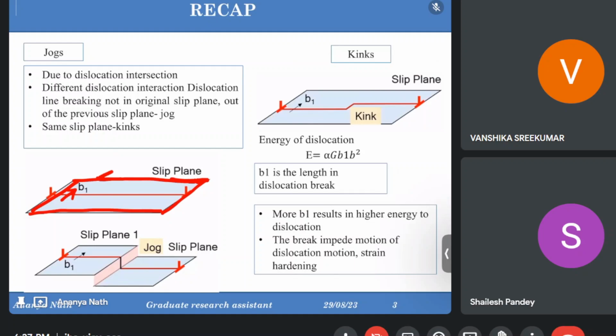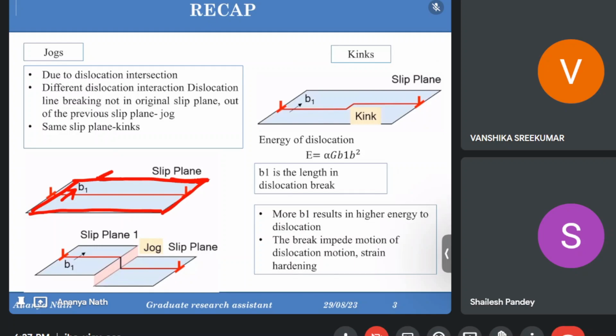Now what happened is, because of some externally applied load, as we are going for cold working, the applied load is very large, and we are also not giving the dislocations enough time to rearrange or move properly. Also, a new set of dislocations has formed inside the lattice and they are interacting with each other.